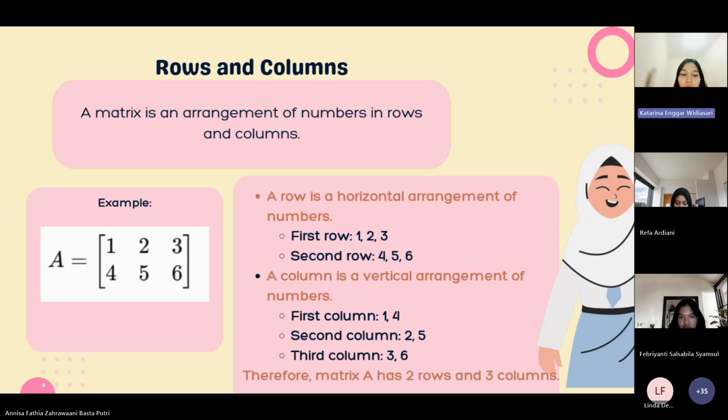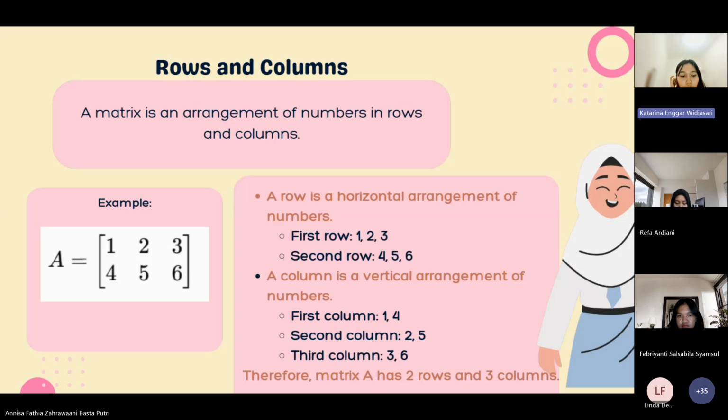We can conclude this matrix has 2 rows and 3 columns: 2 rows horizontal and 3 columns vertical. Knowing the rows and columns helps determine the position of each element inside a matrix, and helps identify the size or order of the matrix.